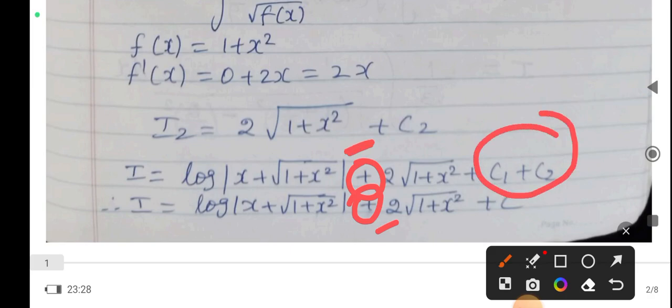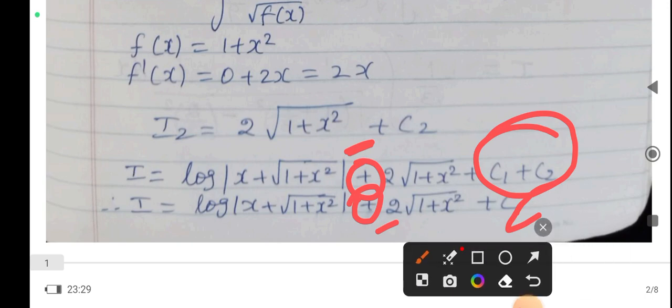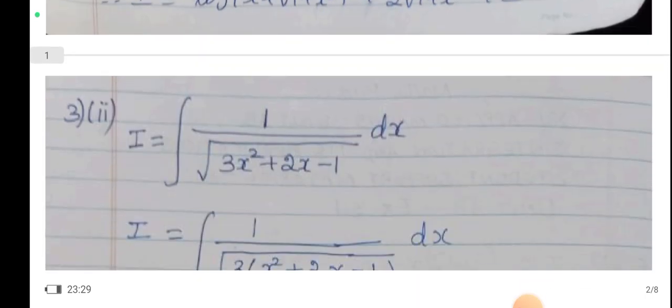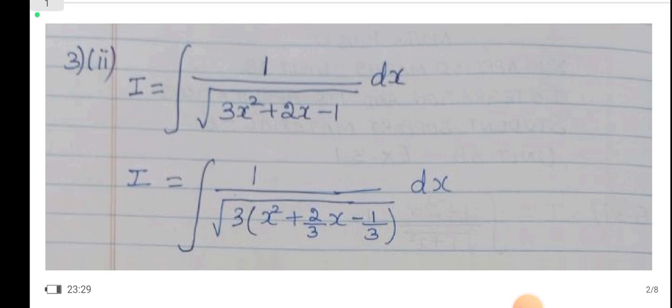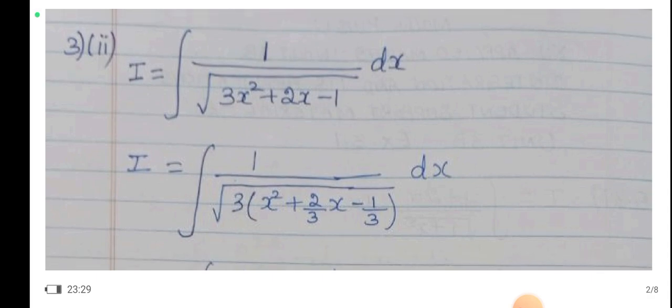We have C1 plus C2, which we can write as C. I1 we found separately, I2 we found separately, and we have applied them together. You can do it together also, but writing separately is somewhat convenient, because if you integrate one part and then need to redo another part, it is unnecessary. Separately it will be easy.